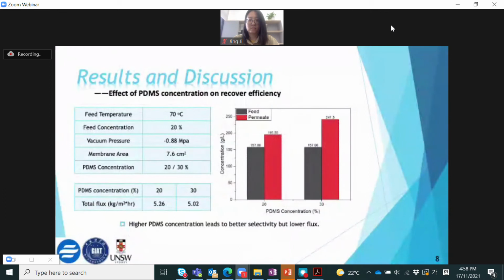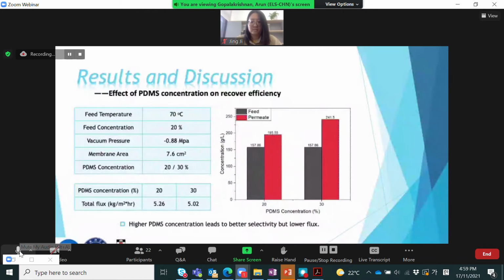So even if some water molecules are also vaporized due to the high temperature, it is still hard for them to penetrate into the membrane and pass through to the permeate side. Based on these results, we decided to use 30% PDMS membranes in all the following experiments.